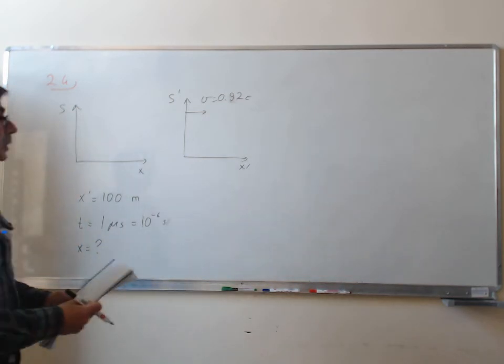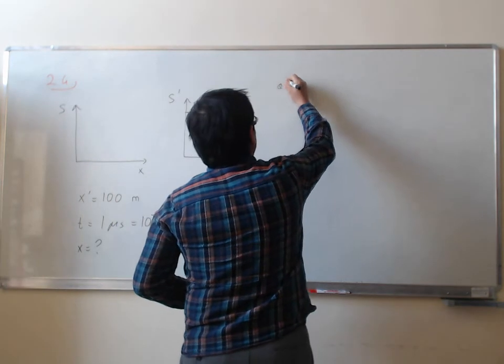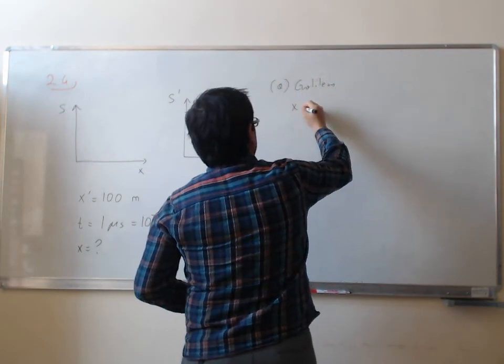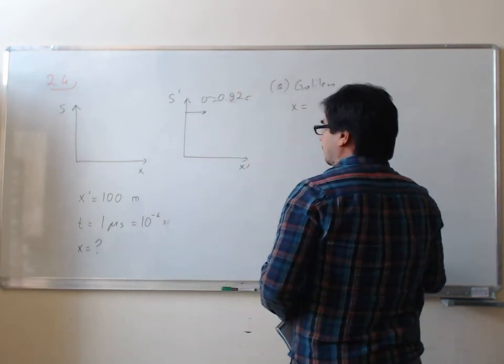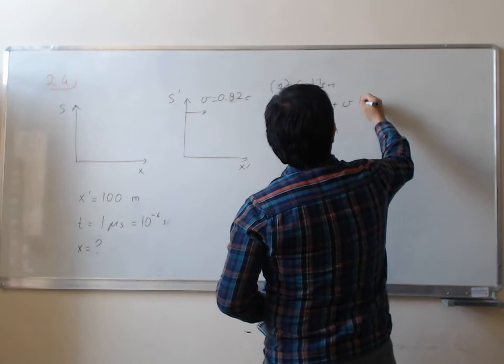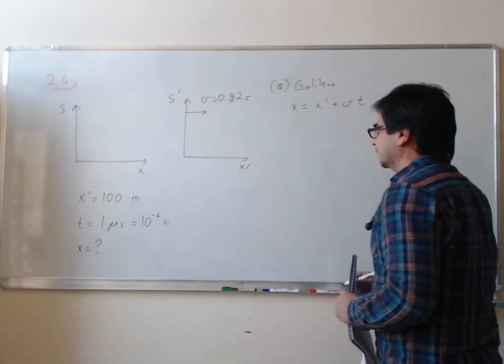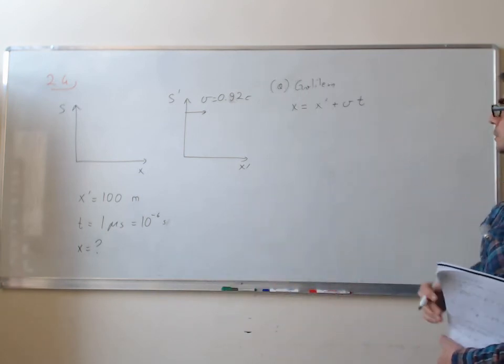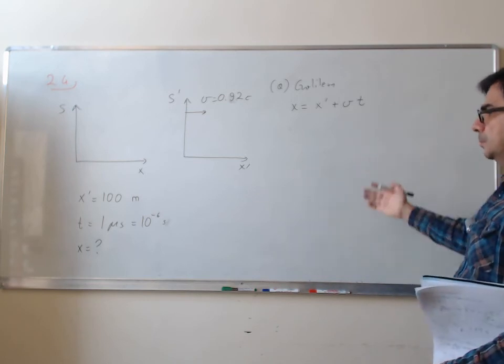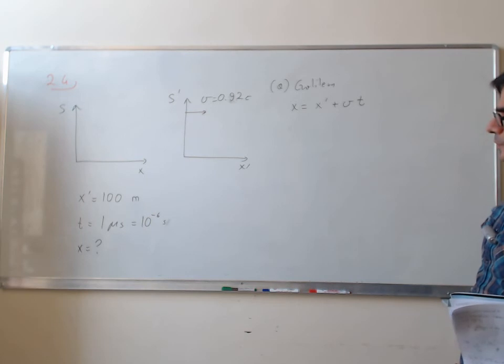So for the Galilean part, the x at t equals 1 microsecond would be x prime plus v times t. I don't like actually using this notation because this t is actually a delta t. It's the t that's given minus our reference time, which is t equals 0.